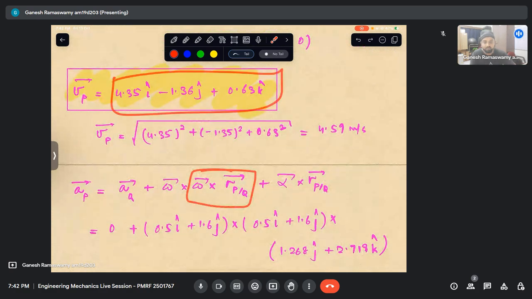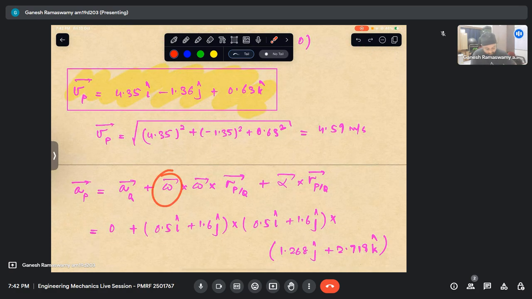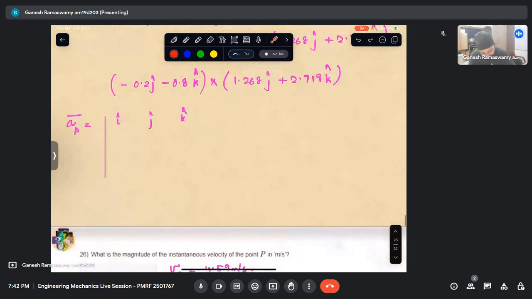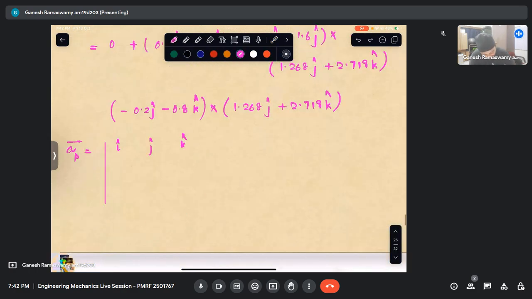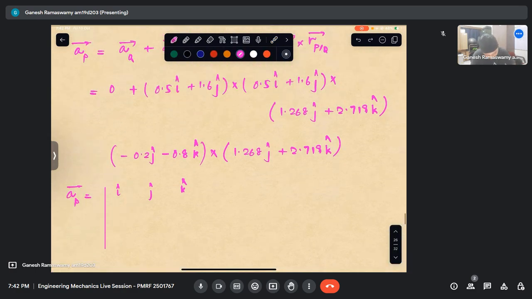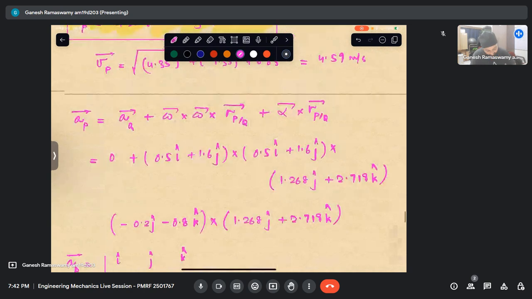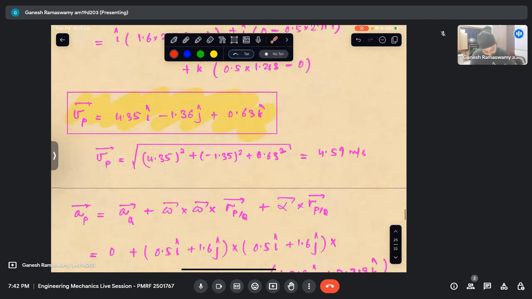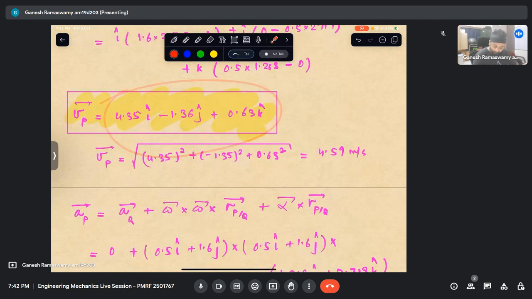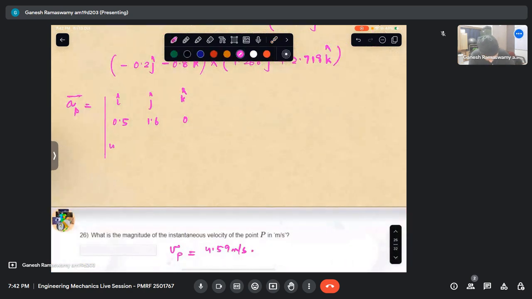So omega is 0.5 i, 1.6 and then 0, crossed with this vector, 4.35, minus 1.36, 0.63. So this takes care of the centripetal acceleration component.